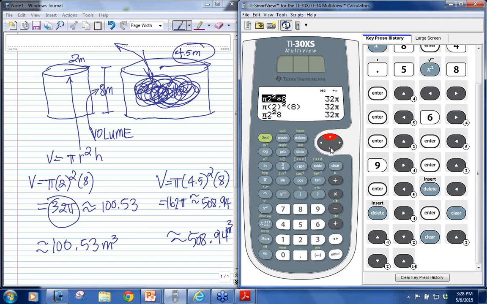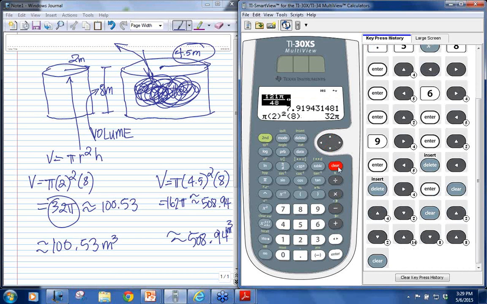If they've done an operation or formula multiple times and remember it, they can just scroll up to the formula and change the value, especially if they're just computing volumes of cylinders the entire time. Now, if I want to delete everything and start clean, you press the clear button twice. Oh, wait a minute, that's not.